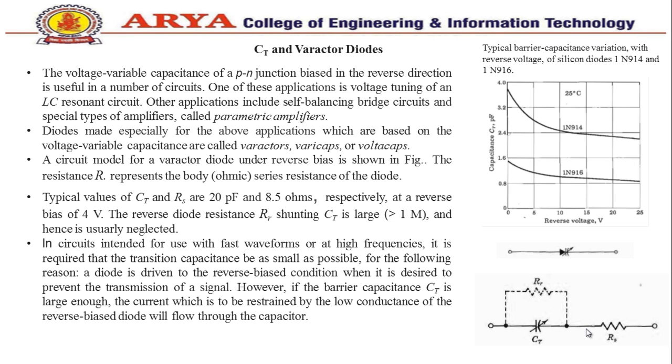A typical value of Cd and Rs is 20 picofarad and 8.5 ohm at a reverse bias of 4 volt. The reverse diode resistance Rr shunting Cd is very large, around 1 megaohm, and hence is usually neglected. In circuits intended for use with fast waveforms or at high frequencies, it is required that the transition capacitance be as small as possible.